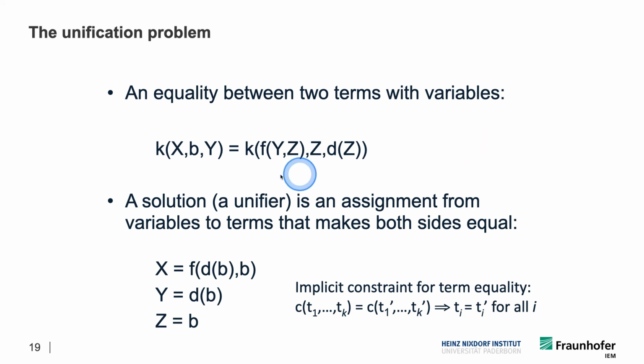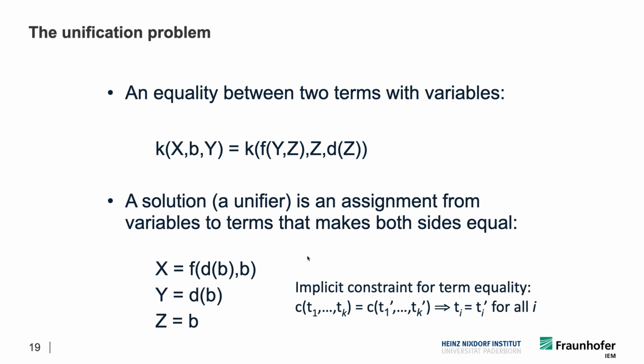And there are certain solving algorithms that allow us to determine this automatically. A solution is then an assignment from variables, like you see here, to concrete terms, so terms without variables, that make both of these sides equal. And such a solution is then also called a unifier because it makes things equal. And the typical method to get there is called unification.